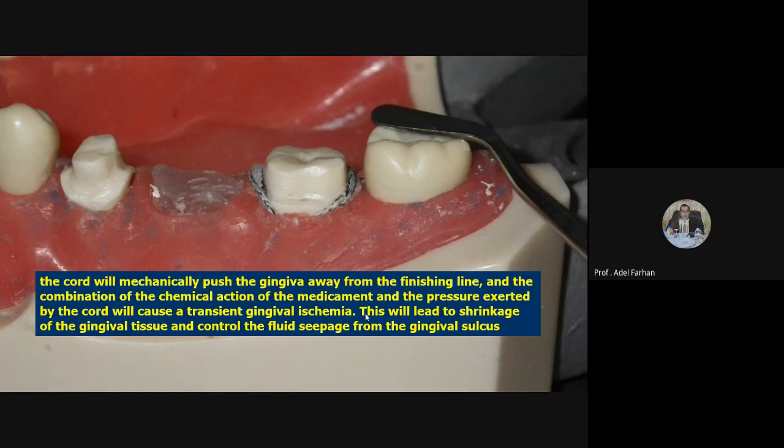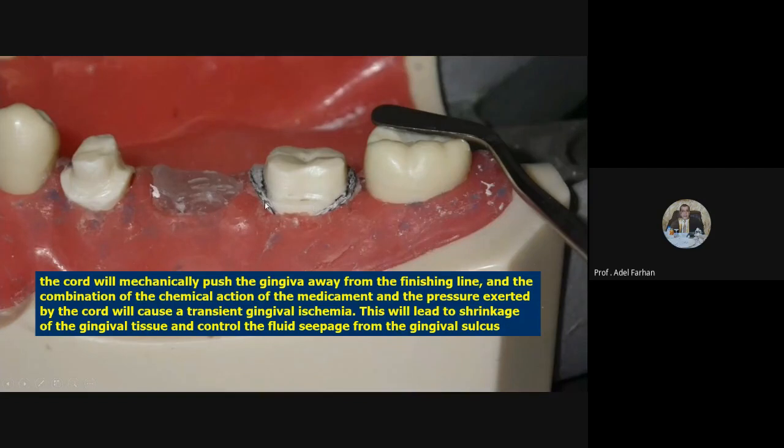This will lead to shrinkage of the gingival tissue and control of fluid seepage from the gingiva. After you pack the retraction cord, you have to leave it about 5 to 10 minutes.